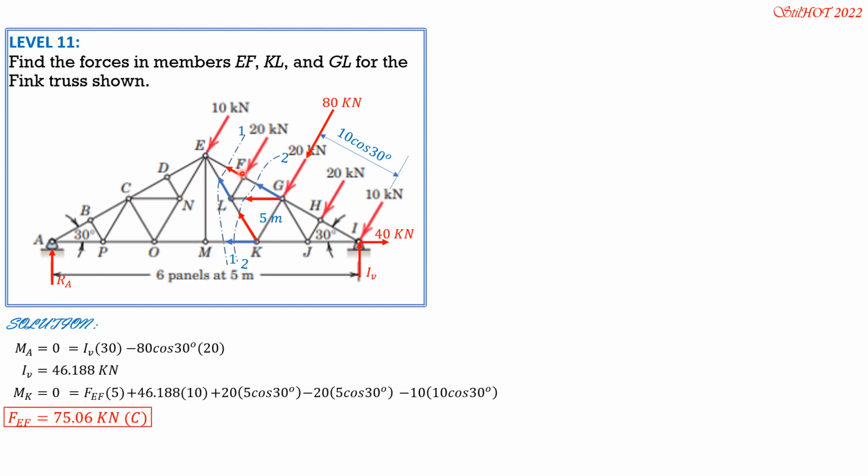Take note that at joint F, by rotation of axis, because EF and FG are collinear, same is true with 20 kilonewtons and FL. Because they are collinear, summation of forces along that axis, then we conclude that FEF, which we already computed, is equal to FFG.